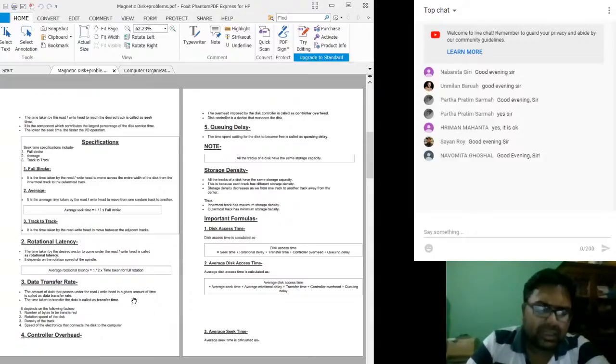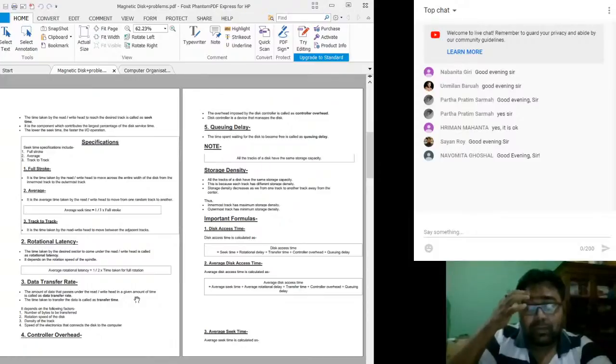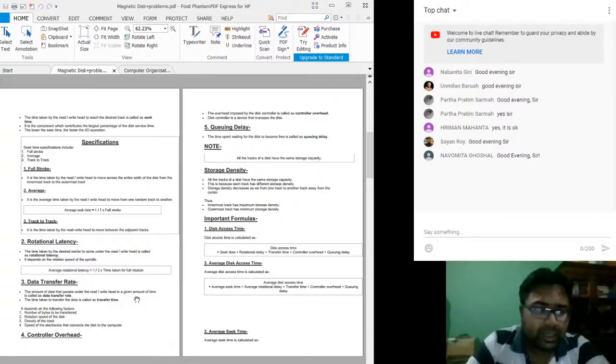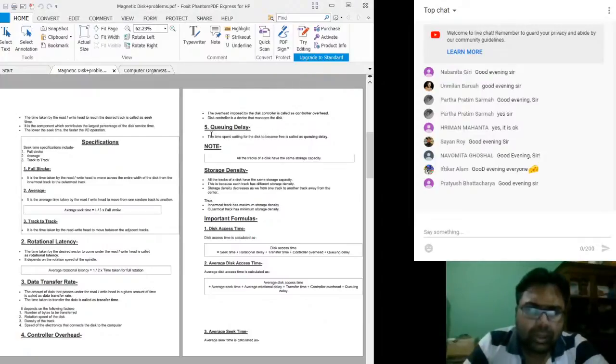Next comes data transfer rate, meaning the amount of time required to transfer or read the data. Controller overhead: the overhead imposed by the disk controller is called controller overhead, a terminology related to your control circuitry. Next comes queuing delay. The time spent waiting for the disk to become free is called queuing delay.